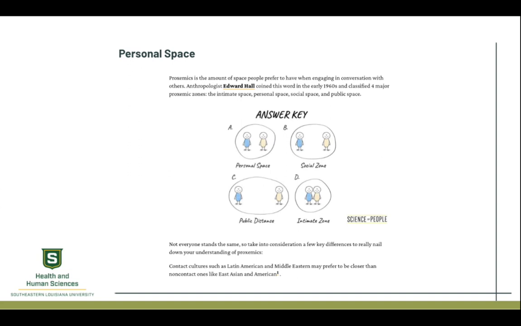Like it says in this image, contact cultures in Latin America and the Middle East may prefer to be closer than non-contact cultures like East Europeans or Americans. So what is personal space can be very contextual and very much rooted in who you're speaking to and what culture they are coming from.